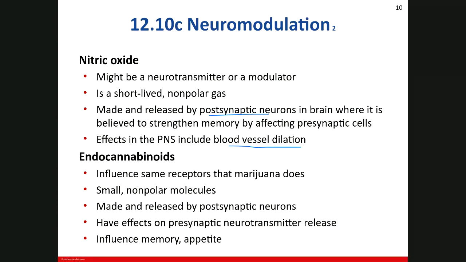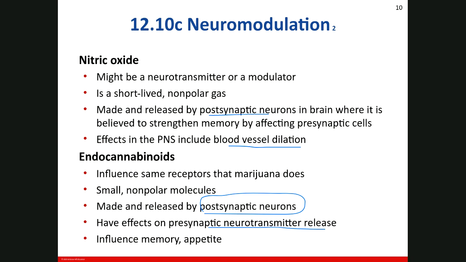The other type of neuromodulator is called endocannabinoids. These endocannabinoids influence the same receptor which marijuana does. It's a very small and non-polar molecule. It's made and released by the postsynaptic neuron, and it has an effect on the perisynaptic neurotransmitter release.